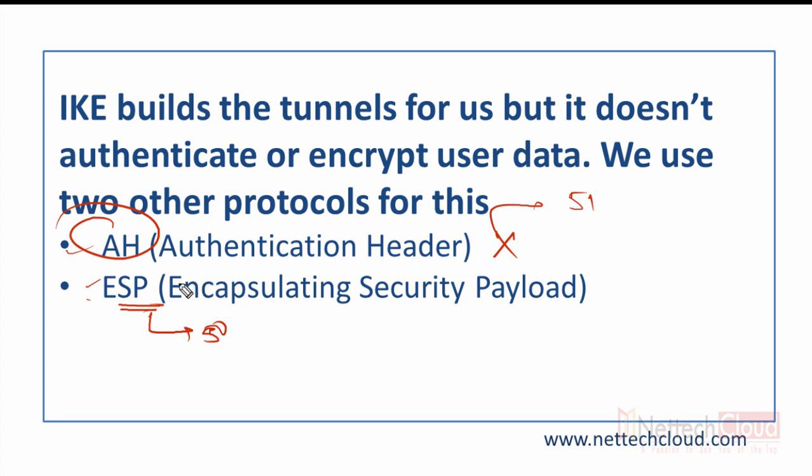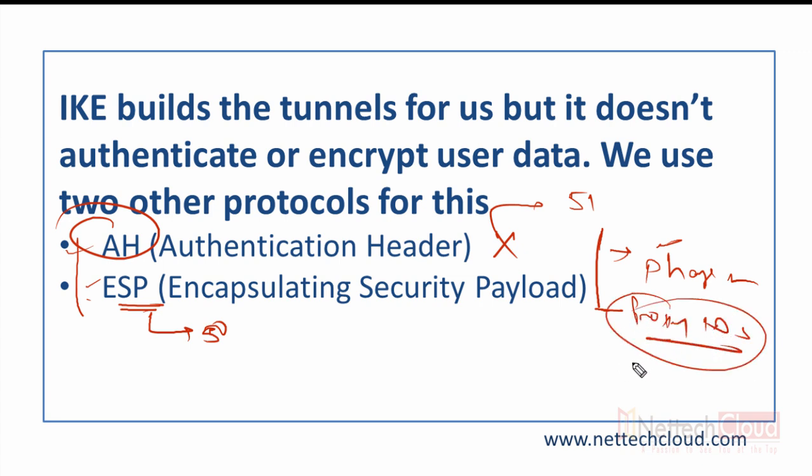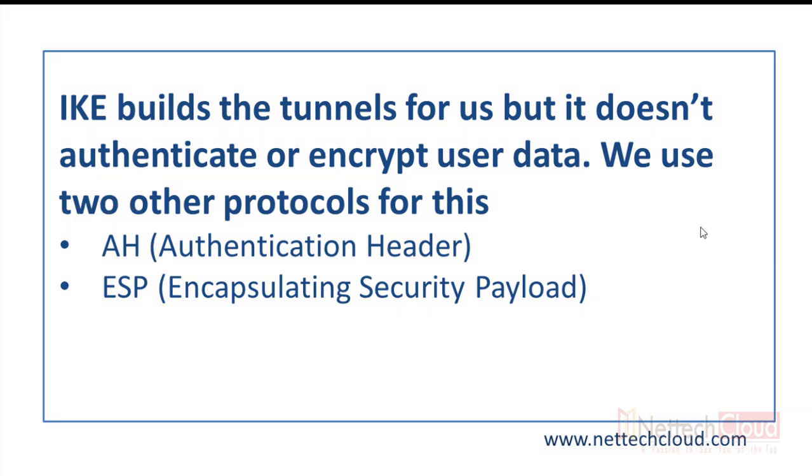So basically just above the network layer. AH and ESP are negotiated during phase 2, because for the user traffic, even proxy IDs in case of policy based VPN are negotiated during phase 2 negotiation, right? So proxy IDs, AH or ESP negotiation is done during phase 2, not during phase 1, you must remember.